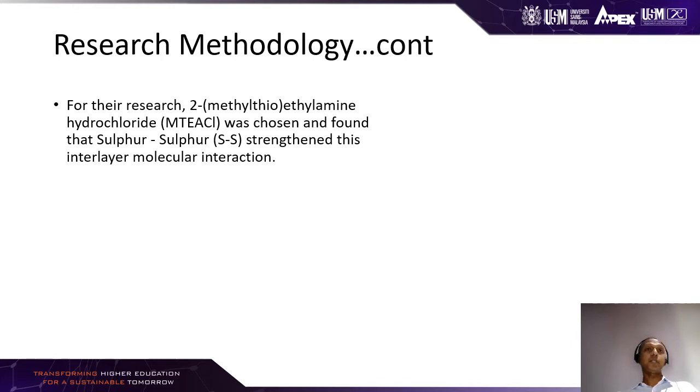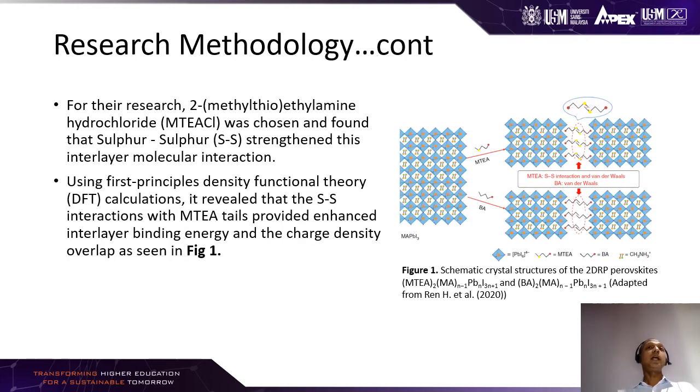For their research, 2-methylthioethylamine hydrochloride was chosen and found that sulfur to sulfur bond strengthened this interlayer molecular interaction. Here you can see the yellow dots here are the sulfur bonds, sulfur and sulfur here.